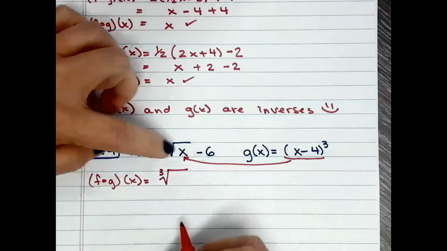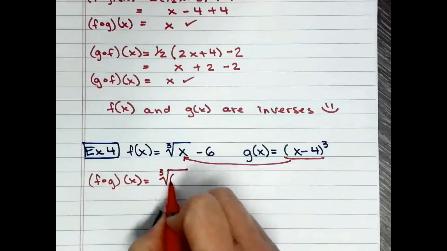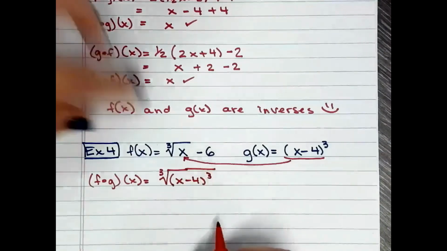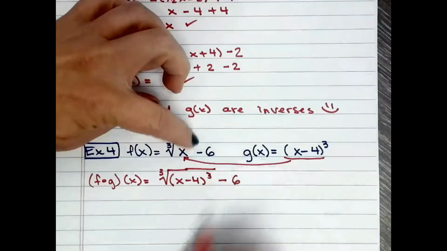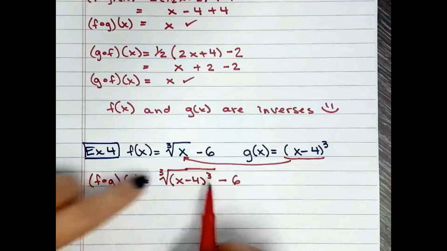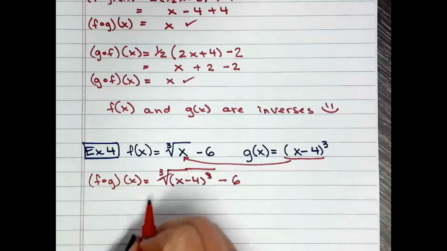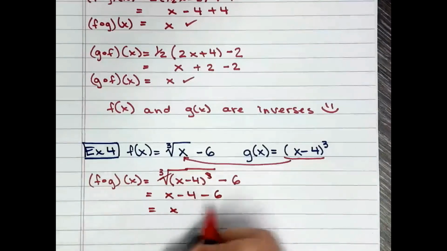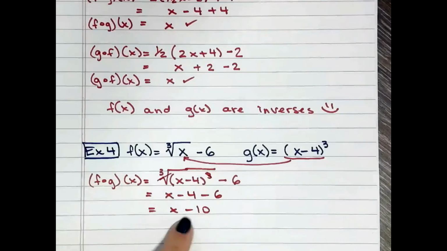So cube root of the g of x function, and then minus 6. Now the cube root and the cubic function, they simplify. So now I have x minus 4 minus 6. When I simplify this, I have x minus 10.